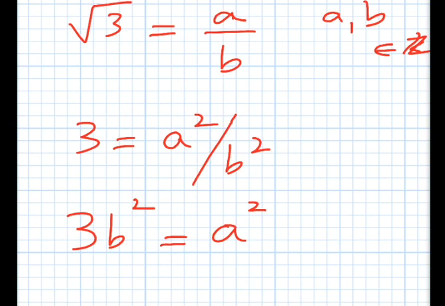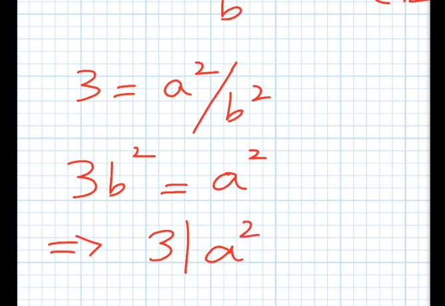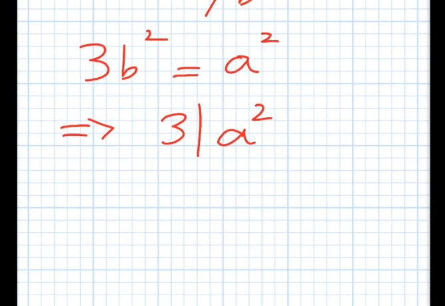Okay, now this statement means that in a factorization of a squared I have a 3 somewhere. So I can say that 3 divides a squared. Okay, now I can use this statement again.